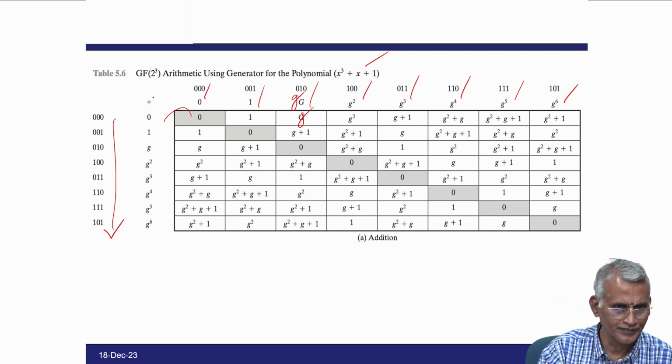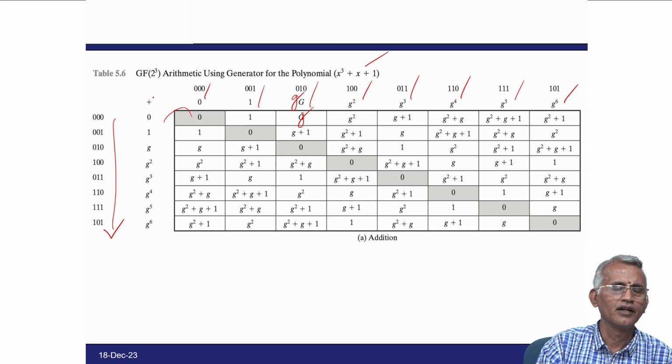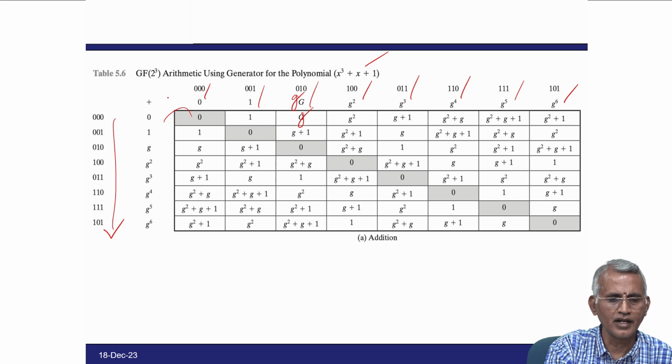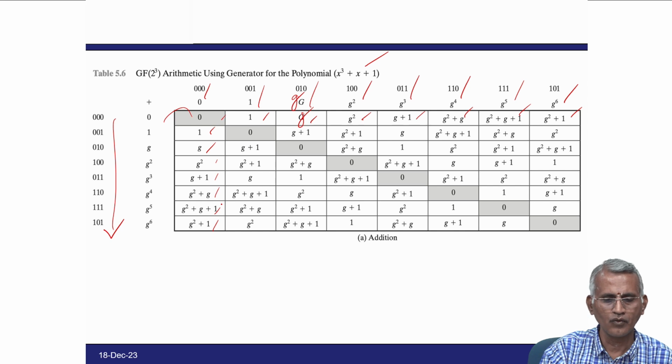Once again I will tell you, we have to use the table, the Cayley table, with the addition operation under modulo 2: 0, 1, g, g square, g plus 1, g square plus g, g square plus g plus 1, g square plus 1, and column wise the same.